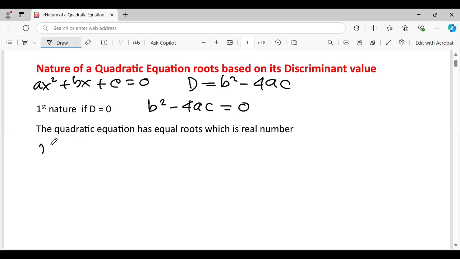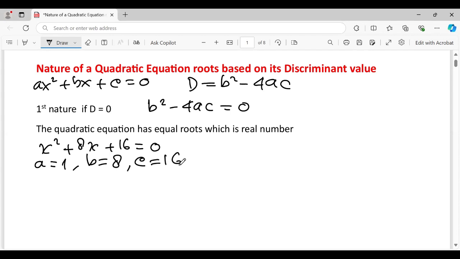For example, if x squared plus 8x plus 16 equals 0, a equals 1, b equals 8, and c equals 16. So discriminant equals 8 squared minus 4 multiplied by 1 multiplied by 16.